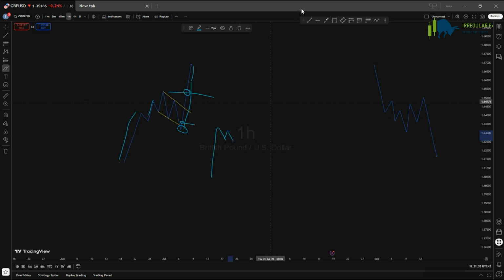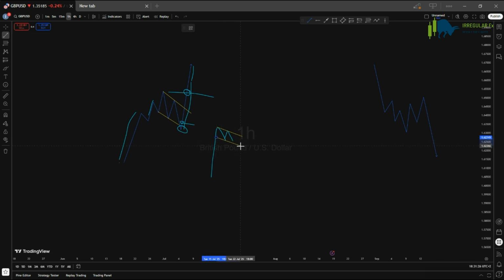Then you go to your trend line, you construct your first high, then your second high. Then you go to your supporting trend line, you construct it to your first low, then your second low.